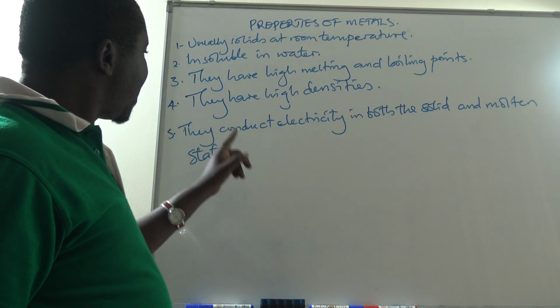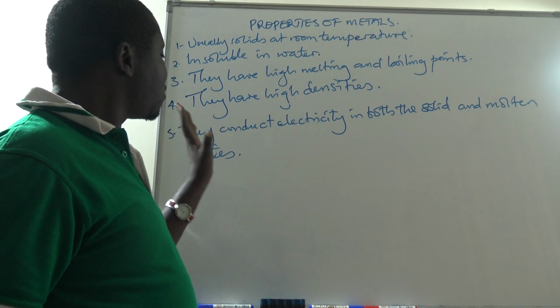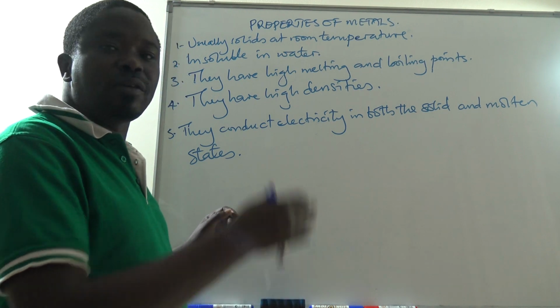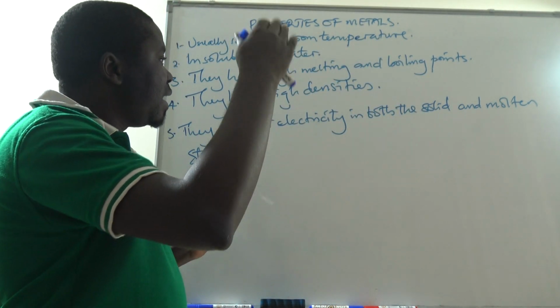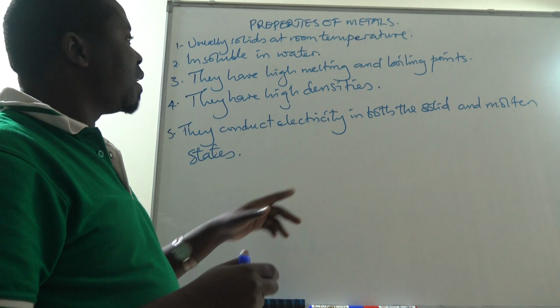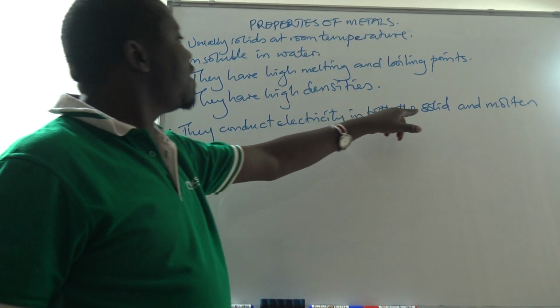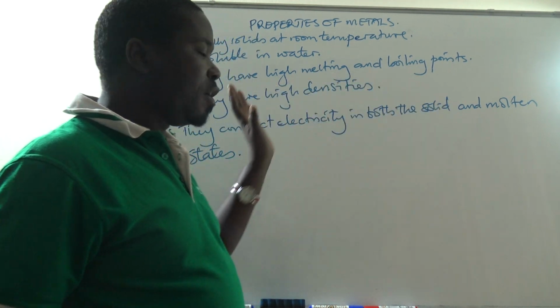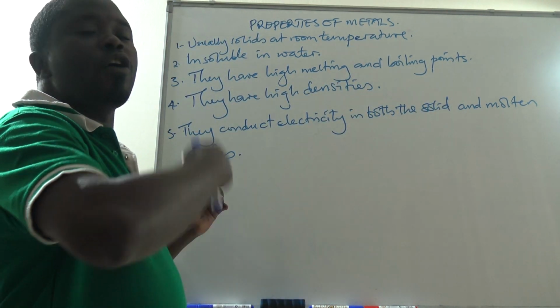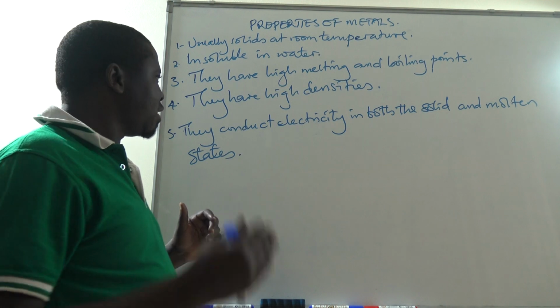But do not refer to metals as being electrolytes, because electrolytes are compounds. The ionic compounds are electrolytes because they conduct electricity in the molten state and in the aqueous state. Metals conduct electricity even in the solid state, but they are not referred to as electrolytes. They are just conductors of electricity, not electrolytes.